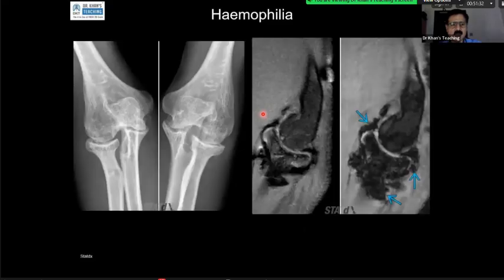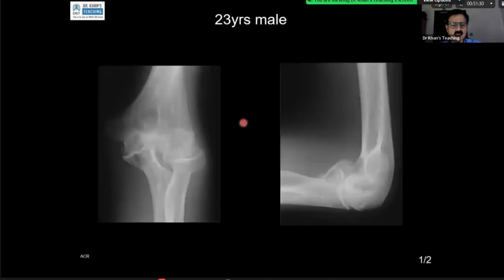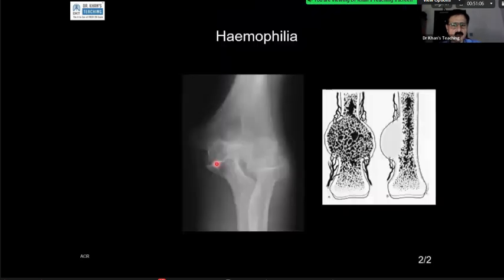So coming back, so what happens is, in this case, this is the joint, and you are absolutely right that this is expanded because it is within the joint space, and there is a lytic lesion here. One can explain it on intraosseous bleed. One can argue that there might be OA, but this thing is much bigger than just a geode.